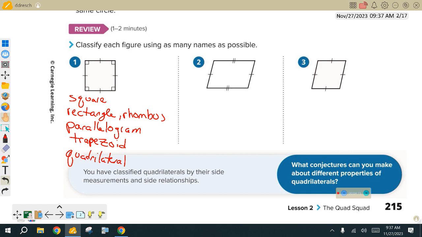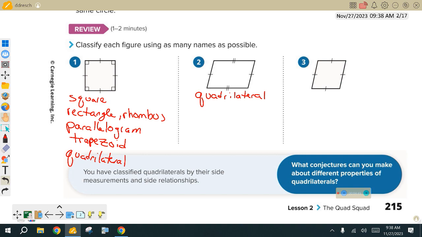Okay, so with that in mind, what can we say about the second one then? Looking at number 2 there. We got ourselves a quadrilateral. Let's invert that family tree that we did. We got for sure a quadrilateral, that's a 4-sided figure.